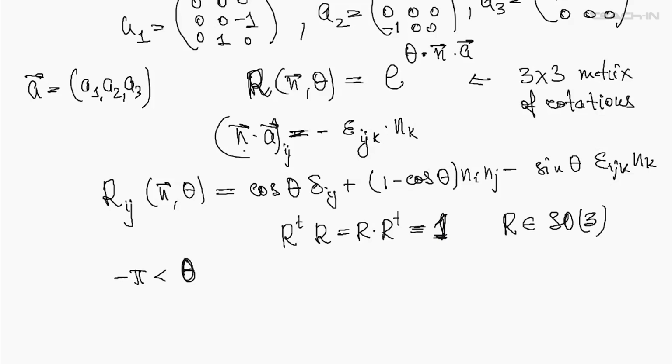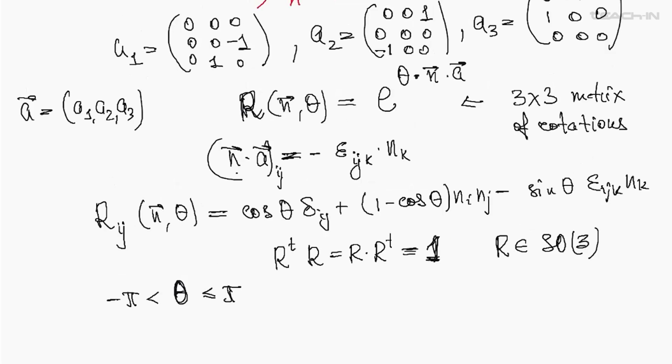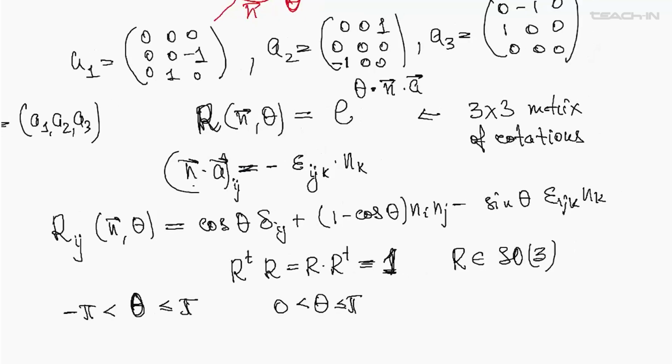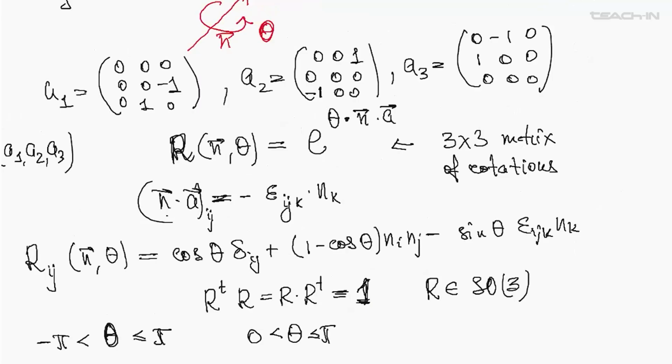But in fact, you may restrict this rotation angle to run from 0 up to pi, because the negative values of theta, from minus pi to 0, are equivalent to changing the direction of vector n to the opposite. Well, you can easily see it from this formula here.